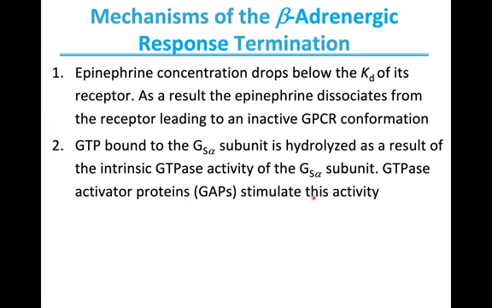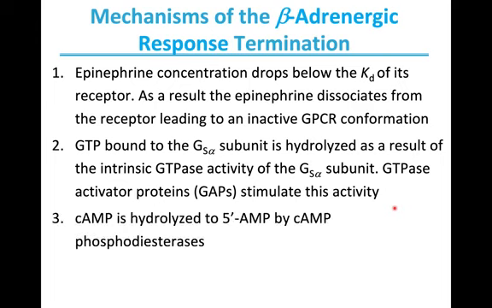Now, it so happens that the GTPase activity of the Gs alpha subunit is not so high. And so, GTPase activator proteins, or GAP proteins, stimulate the GTPase activity of the Gs alpha subunit. This can lead to a rapid hydrolysis of GTP bound to Gs alpha, thereby inactivating the Gs alpha subunit.